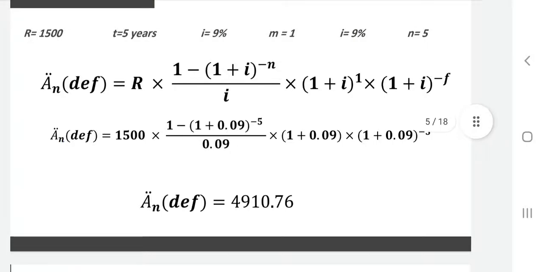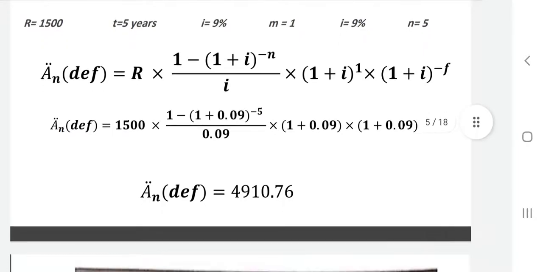The formula will be A double dot N deferred equals R times 1 minus 1 plus I to the power negative N over I, times 1 plus I, times 1 plus I to the power negative F. So A double dot N deferred will be equal to 4,910.76.